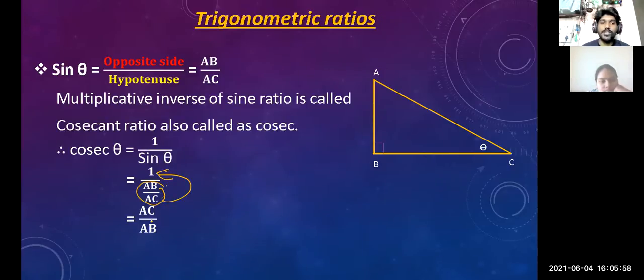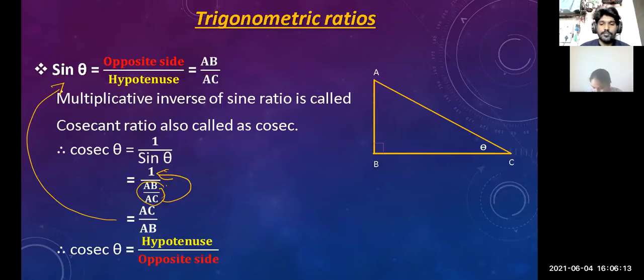So from here we can say that cosec theta is equal to AC upon AB. And this is the same as saying cosec theta is hypotenuse upon opposite. And you already know this, so there is no need to memorize it. We can just derive it.